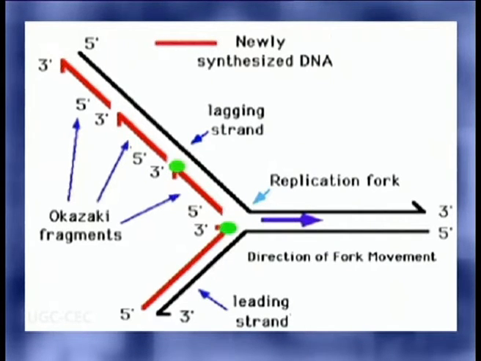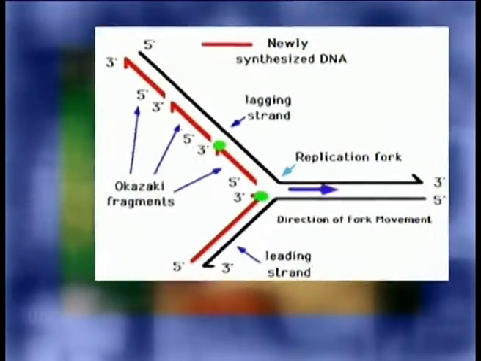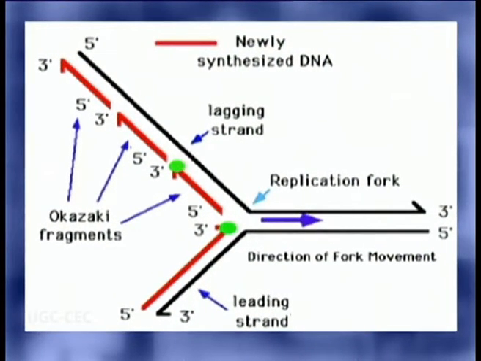A lagging strand is so oriented that the replication fork moves along it in a 5' to 3' manner. This orientation is opposite to the working orientation of DNA polymerase, which moves on a template in 3' to 5' manner. Lagging strand grows by the synthesis of short pieces in the reverse direction.